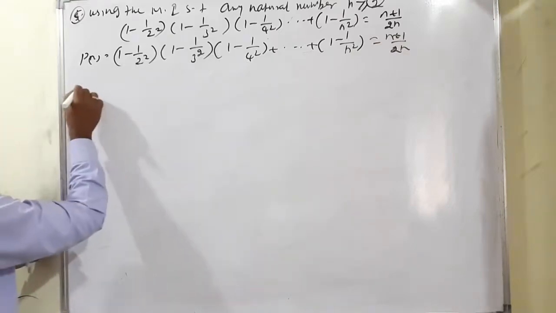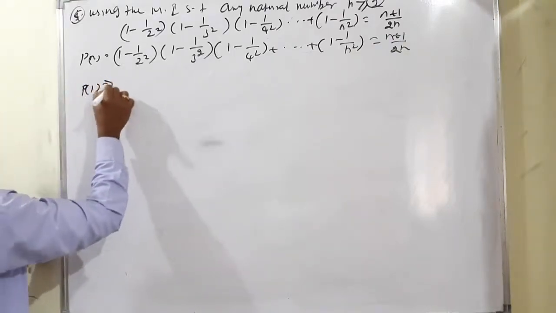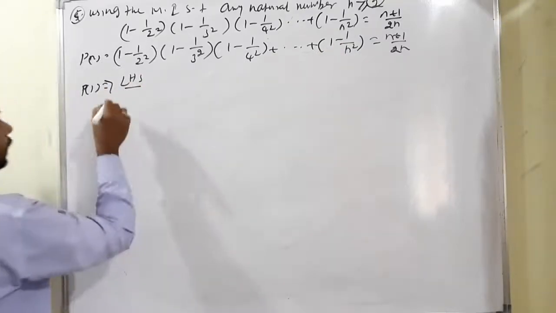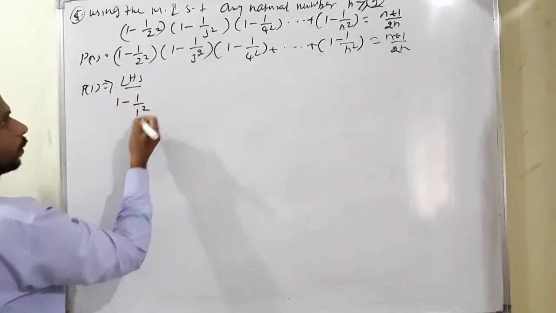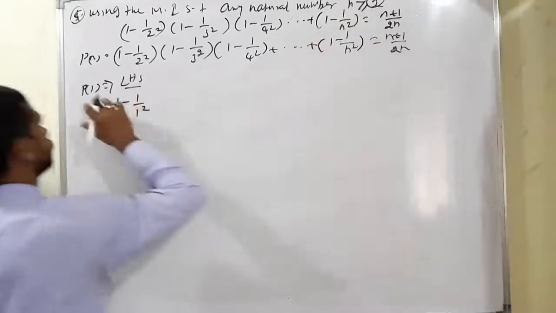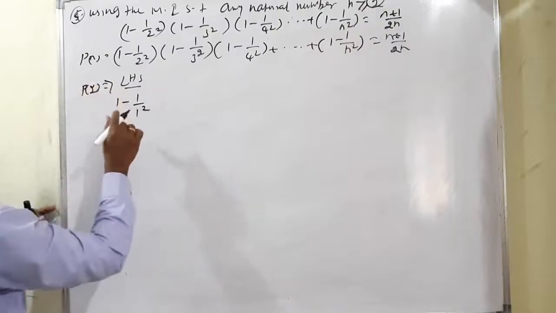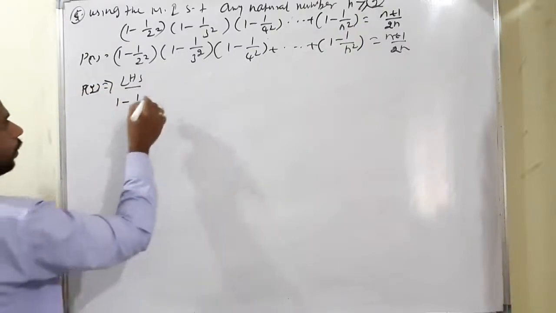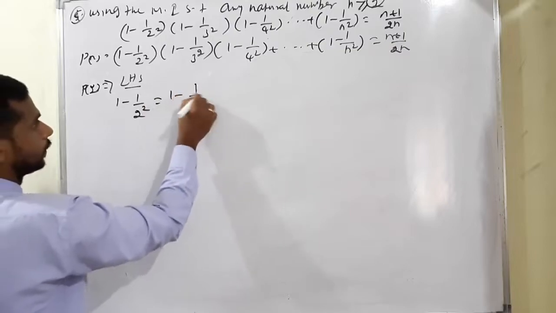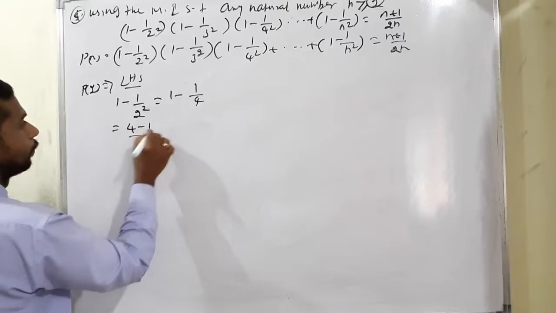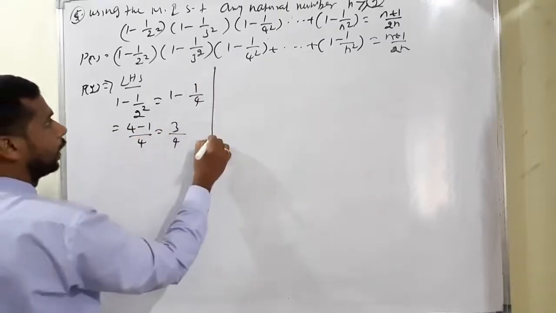So let us assume P of 1, meaning the LHS. What is the LHS, Ram? 1 minus 1 by 1 square, isn't it? Sorry, my dear, the condition is n greater than or equal to 2, isn't it? So starting here also we have to write it true. Therefore, here 1 minus 1 by 2 square will come. Then 1 minus 1 by 4, LCM 1 into 4 is 4, so 4 minus 1 by 4 means we have 3 by 4 in the LHS.